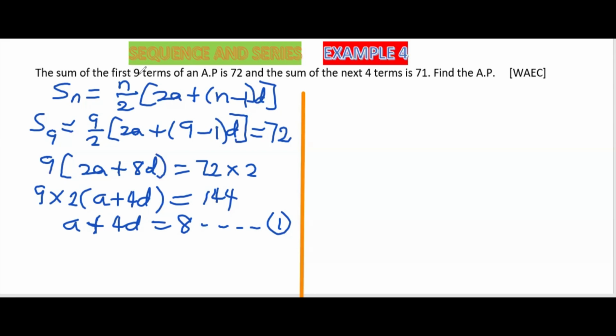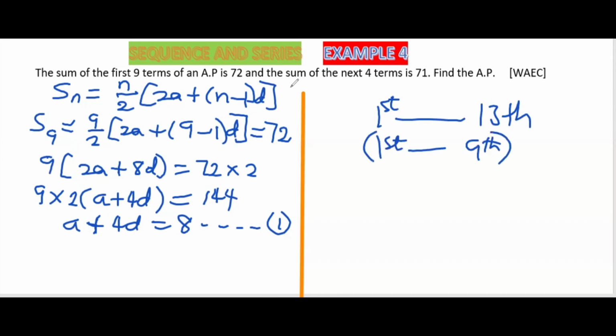If we subtract the first 9 from the first 13, we should be left with the sum of, well, we have the first to 13th, and we now have the first to 9th. So if you pull out the whole of this from this top one, we are left with 10th to 13th. That's the idea.